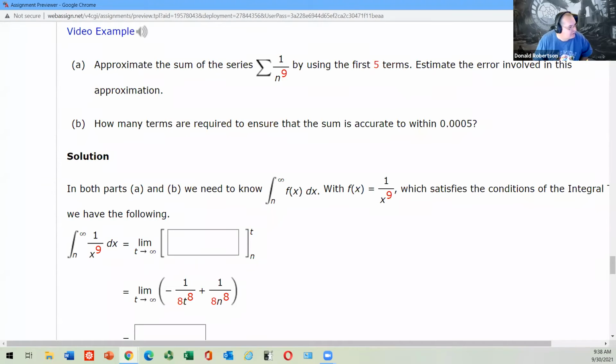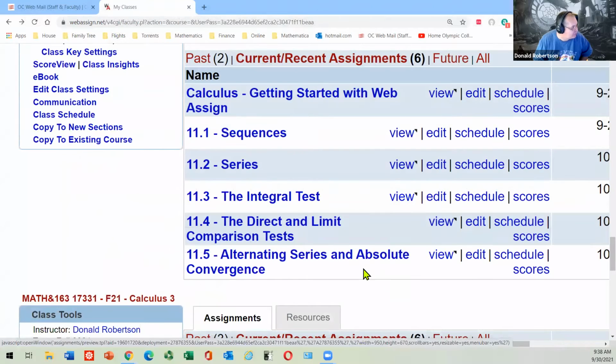So I'm now going to give you an intro to the next section, which is 11.4. And 11.4 is going to be the direct comparison and the limit comparison test.